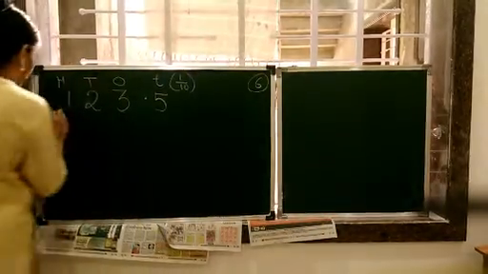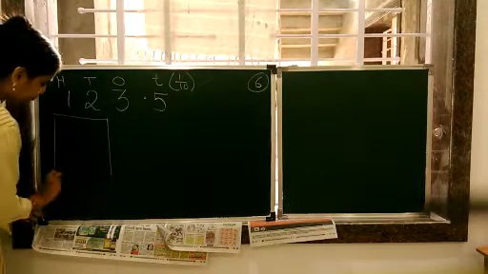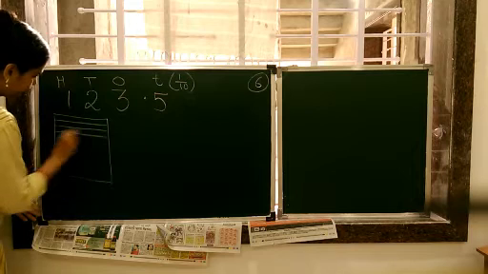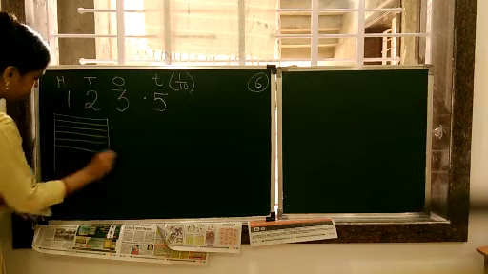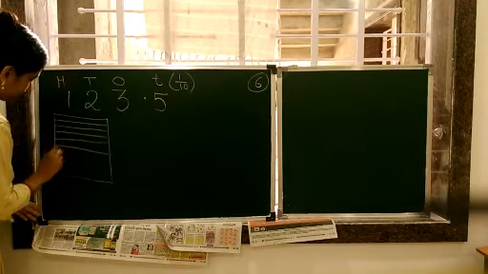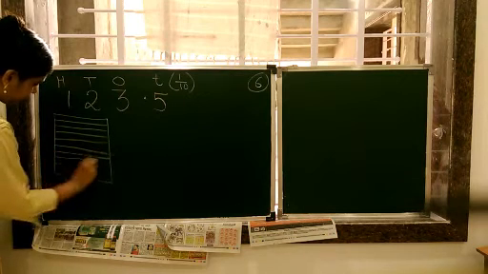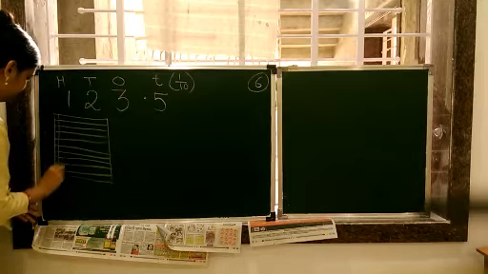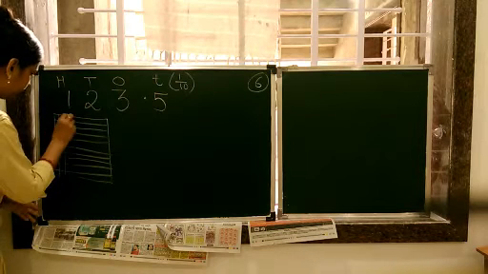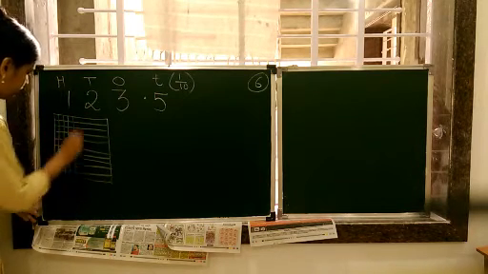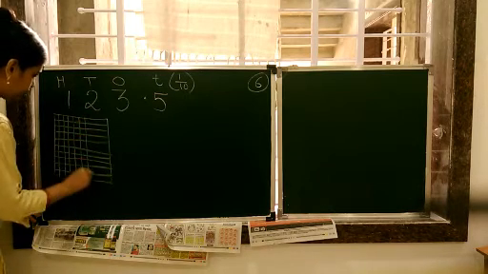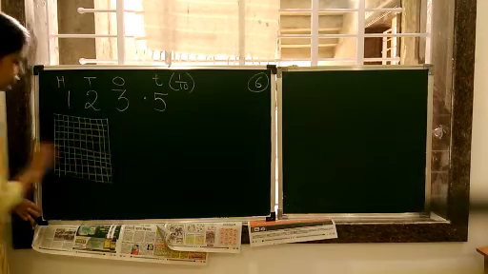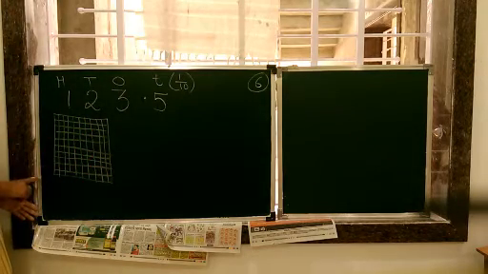So this number is represented in a box which is divided into 100 parts. Okay, so this is 100.